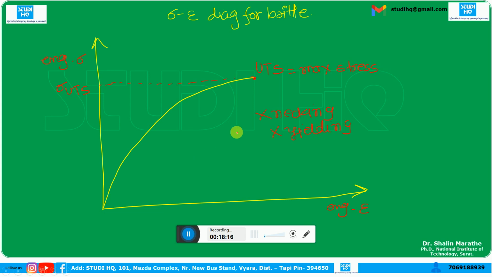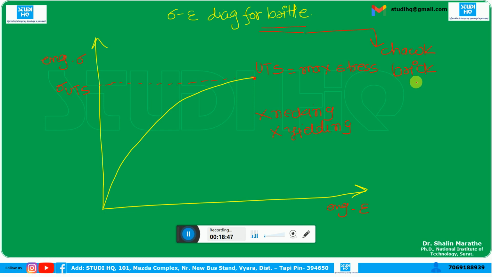Okay, so this is how the stress strain diagram for the brittle material looks. Okay, since it is brittle, there will be no plastic deformation. For brittle material, if I have to give examples, a chalk stick from day-to-day life, or we can say a brick. These are very brittle in nature.